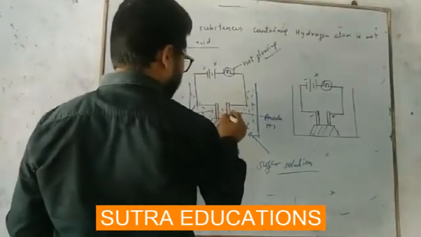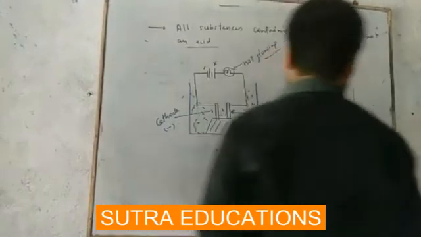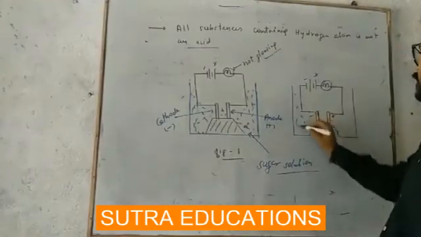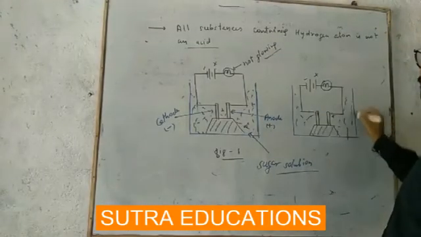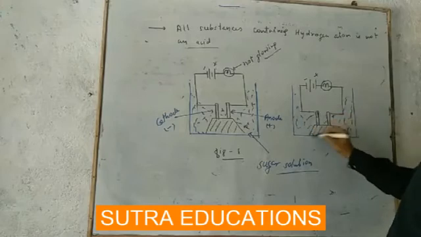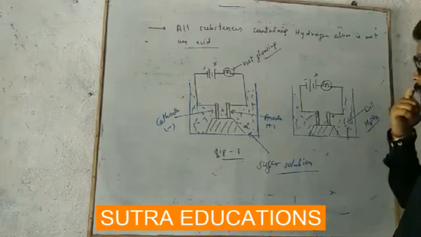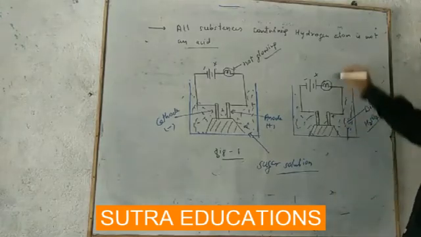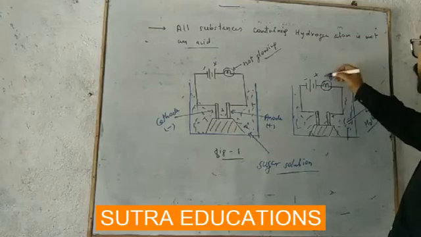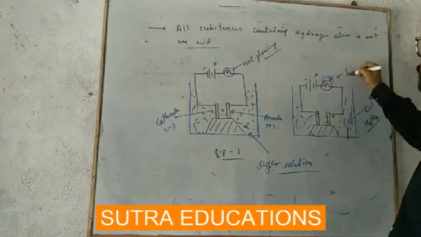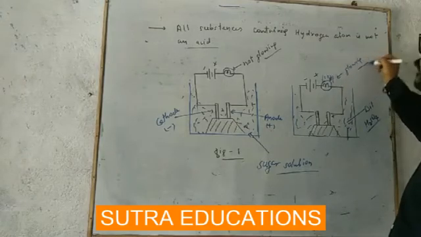Getting it? This time I am going to take dilute H2SO4, sulfuric acid. This time you will see the bulb is glowing. What does this mean?